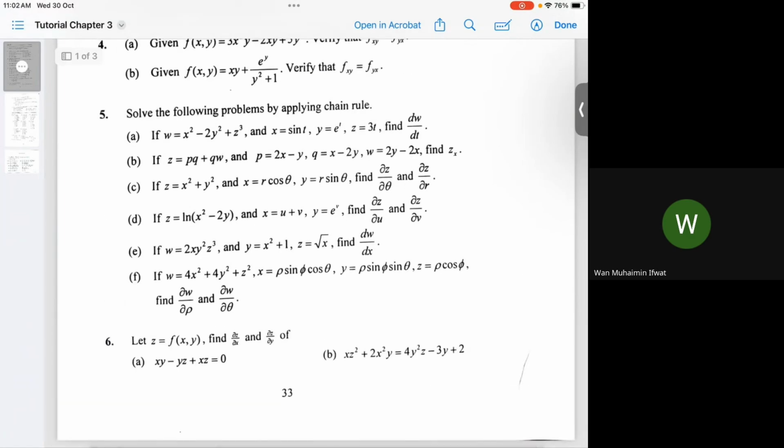We'll begin with question number 5. Just now I tried questions 5A and 5B with section 3, so you can refer to the notes that I already shared. I will now try question number 5C with you.